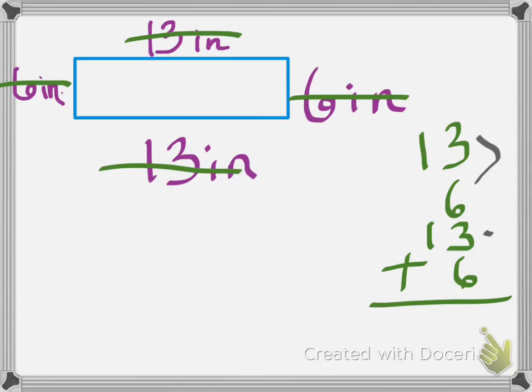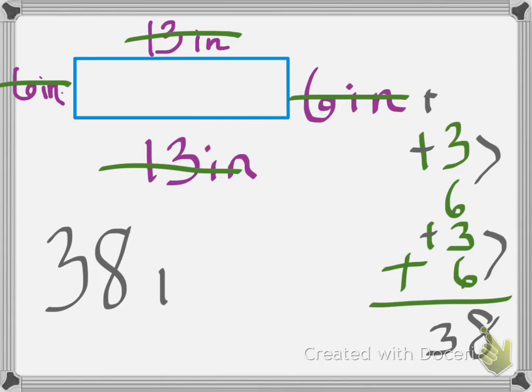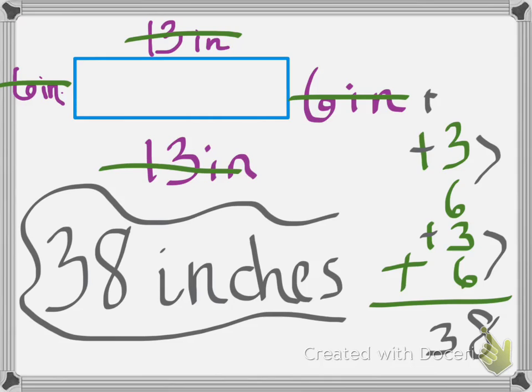Then we have 3 plus 6 is 9, 3 plus 6 is 9, and 9 plus 9, add that together, you get 18. You carry the 1, and you drop the 8. Then we have 1 plus 1 plus 1 is 3, making our answer 38 inches. See? It's not that difficult to figure out what the perimeter of an object is.